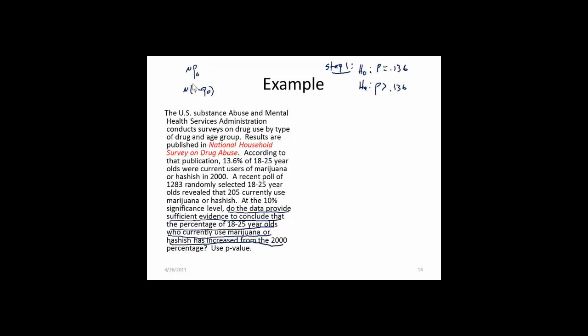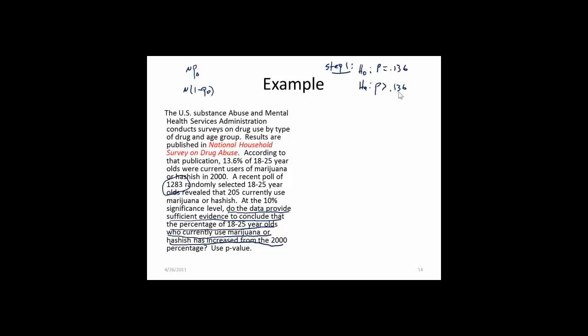Now that we have our null and alternative, we just have to check that 0.136 times 1283 is greater than 5. I think that's pretty clear. And we have to check that n times 1 minus p sub 0.